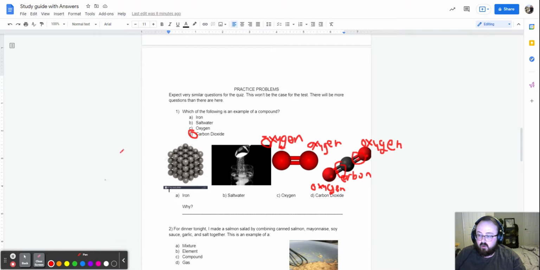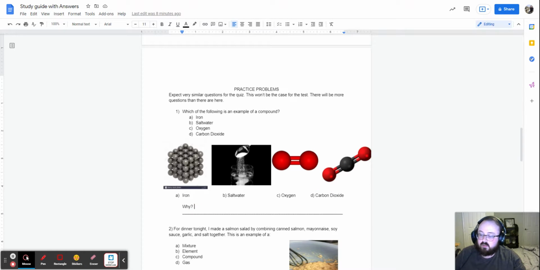So if we're writing why this is a compound, it is because two or more elements. You know what, let me see if I can type this. I want this to be as clear as possible. Here's what we're gonna do. We're just gonna clear, and I think I can just type in here.